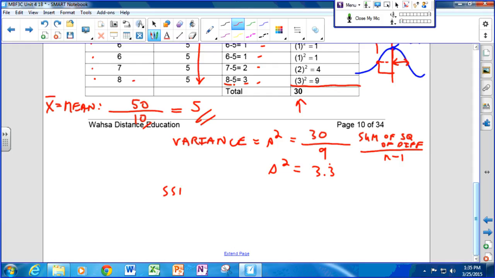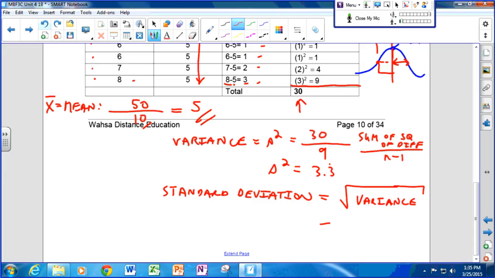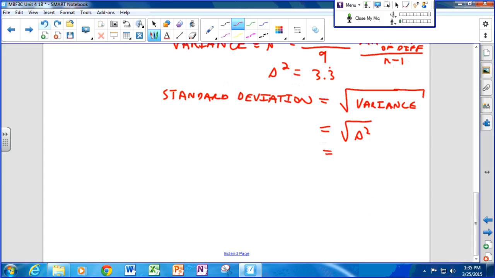The standard deviation is just the square root of the variance, which is the square root of s squared, in this case the square root of our 3.3 repeating. If you still have that number on your calculator, you don't have to re-enter it. You just hit the square root button.